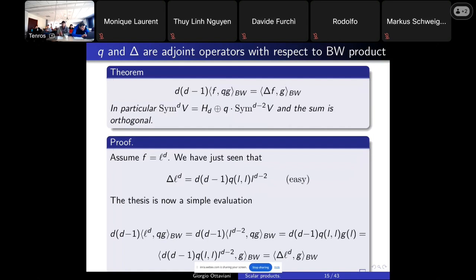You create this, but this is exactly the result of applying the Laplacian to delta d. No, I take it on the other side. So it's practically obvious without computation, and this is an interesting fact.